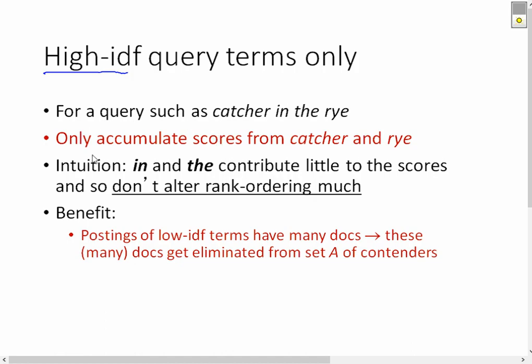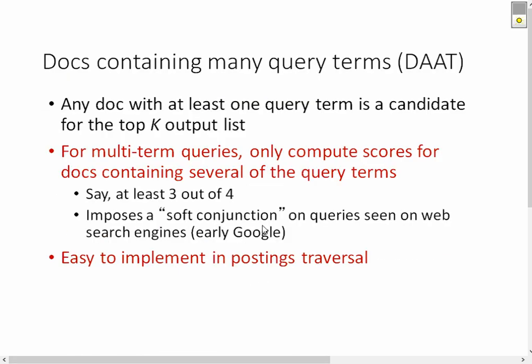So the idea is I can ignore all the terms that have low IDF and really focus on ones that have a high IDF. For example, maybe catcher and rye, and totally ignore the words in and the, because they don't contribute much information. So that's another strategy. Don't even look at them. Don't even compute the cosine similarities for them, and it reduces the amount of processing.